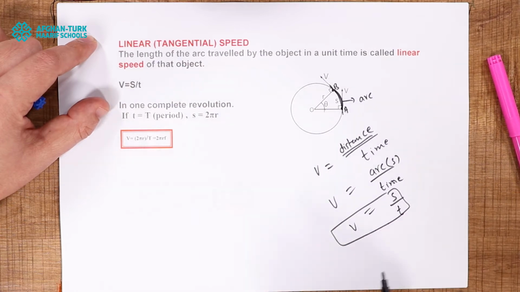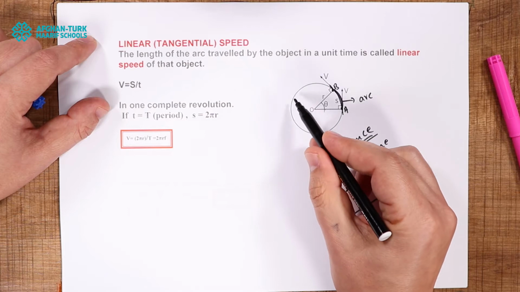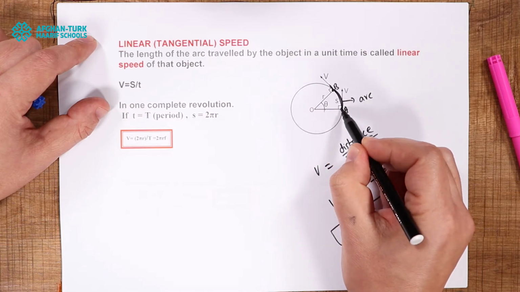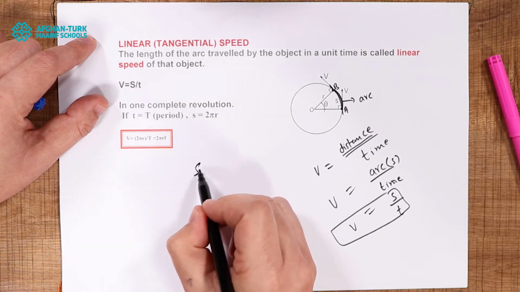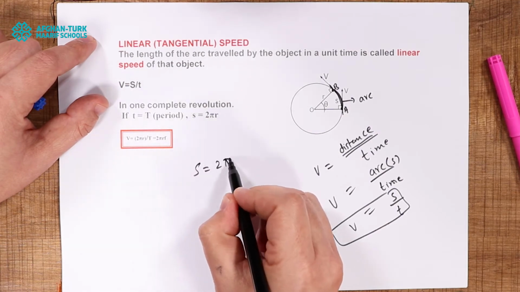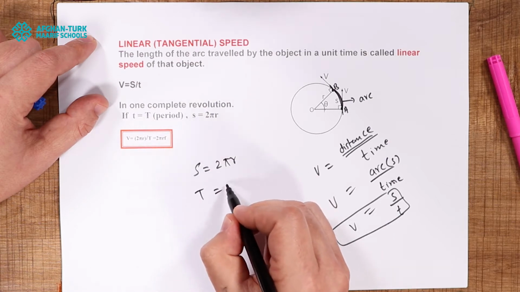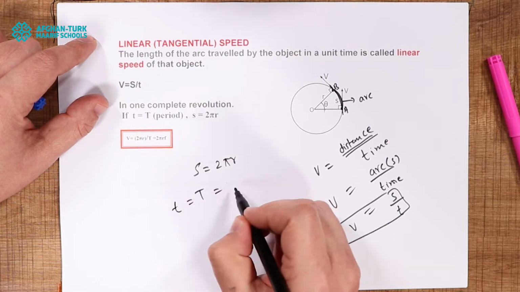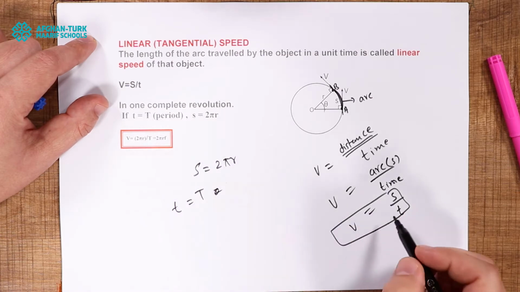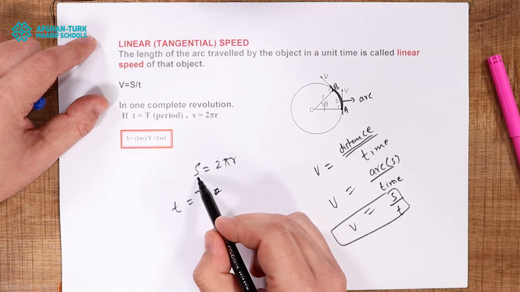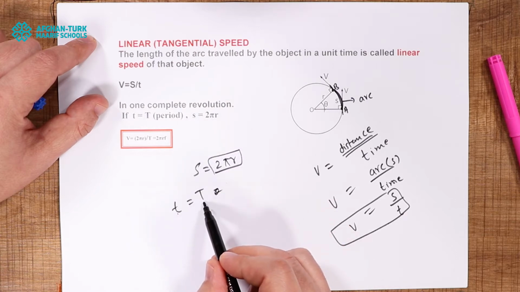Okay, in one complete revolution, let's suppose the object starts from point A and again reaches point A, so S is equal to 2 pi r and T is equal to the time period. If we put these two values in the tangential speed, v equals S over T, so S is 2 pi r and T is the time period.